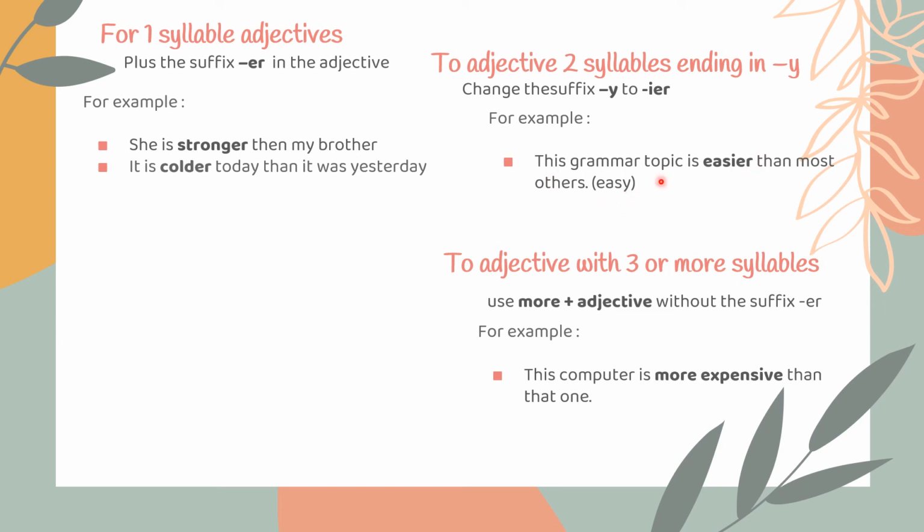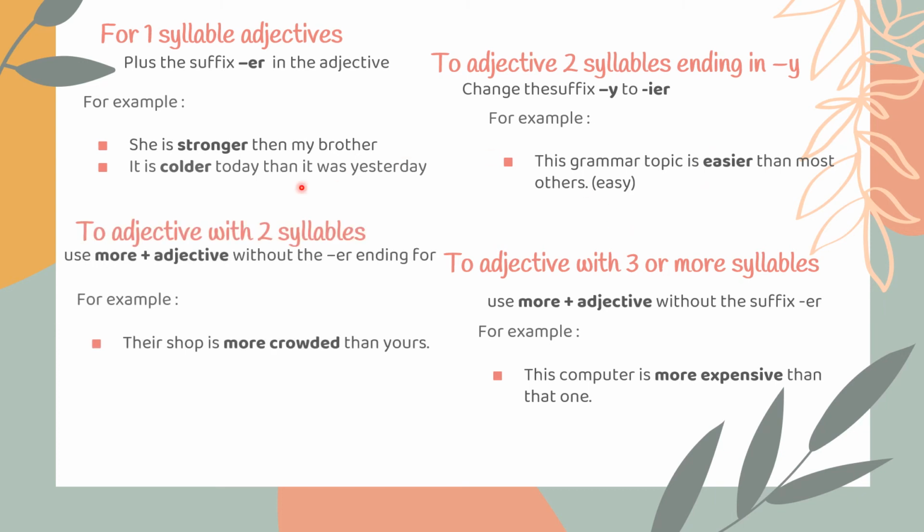From easy to easier, the last character is y, and you change the y to ier, like easy to easier. And next, for adjectives with two syllables, use more plus the adjective without the er ending. For example, their shop is more crowded than yours.